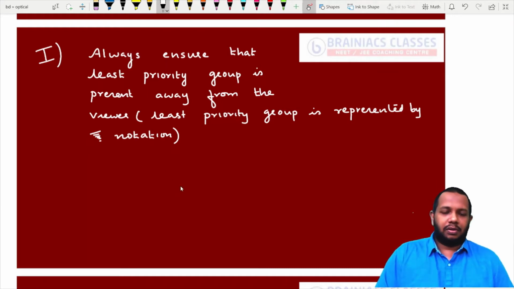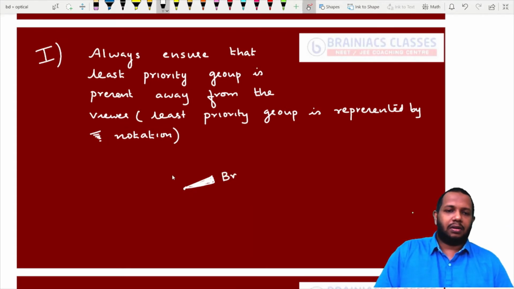Consider an example like this. Just analyze this one, then you will understand. So this is the bromine atom. Now you have dash representation where the hydrogen atom is present. Here the OH group is present. Here the CH3 group is present.